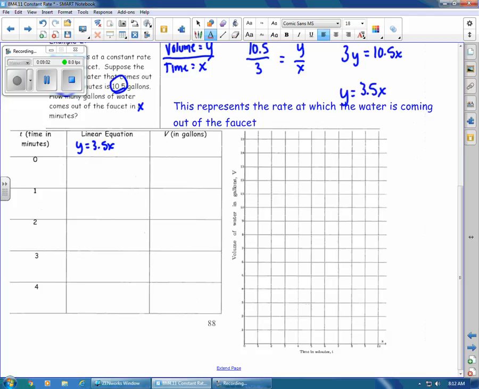You can go ahead and pause the video here and then just rewrite the equation, substituting in whatever value is over here, and then calculating it out. 3.5 times 0 would also be 0. I'm going to change this one to a Y, change this to an X. Okay, go ahead and pause it and finish filling out the table here.